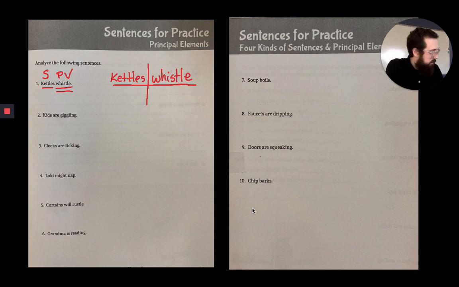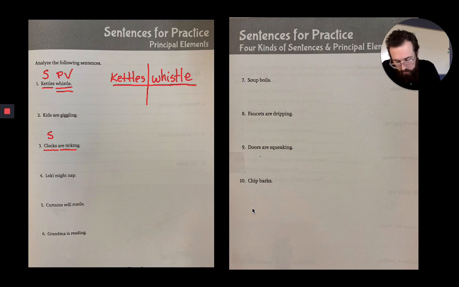All right, let's look at another one. Let's look at number 3. Clocks are ticking. This sentence is about clocks. So I'm going to underline clocks and put an S for subject above it. Ticking is telling me about the clocks.